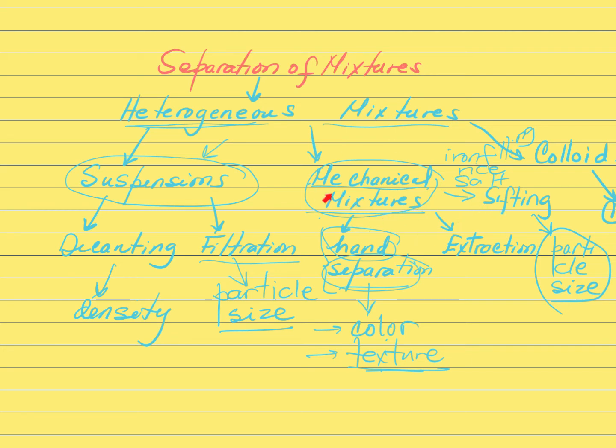Another technique that you can use to separate mechanical mixtures that involve liquids is extraction. Okay, extraction involving liquids, especially liquids that are immiscible. When the liquids are immiscible, you're gonna be able to use extraction, and you're gonna be able to see the difference.